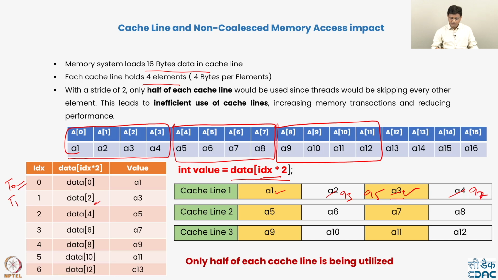So then what will happen? These 4 threads will access their own elements in one cache line itself. Means the data required by these 4 threads will be readily available. So, it will reduce the memory cycles and so on. So, this kind of logic we have to implement.